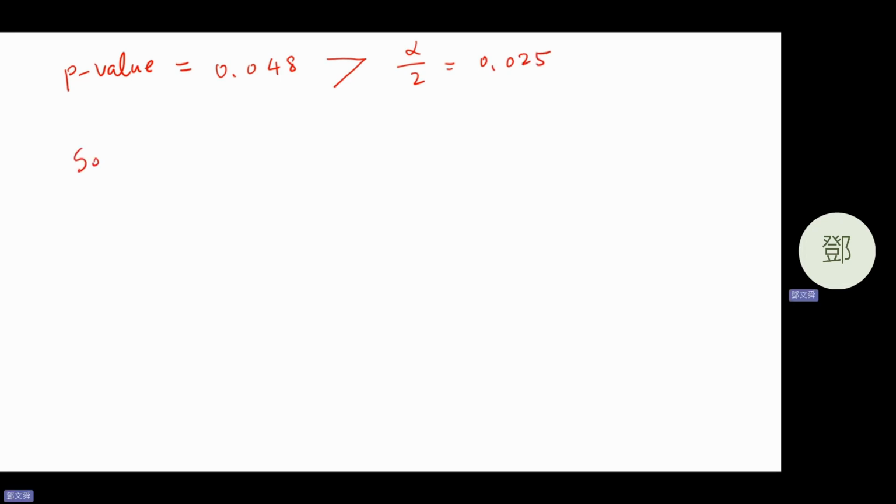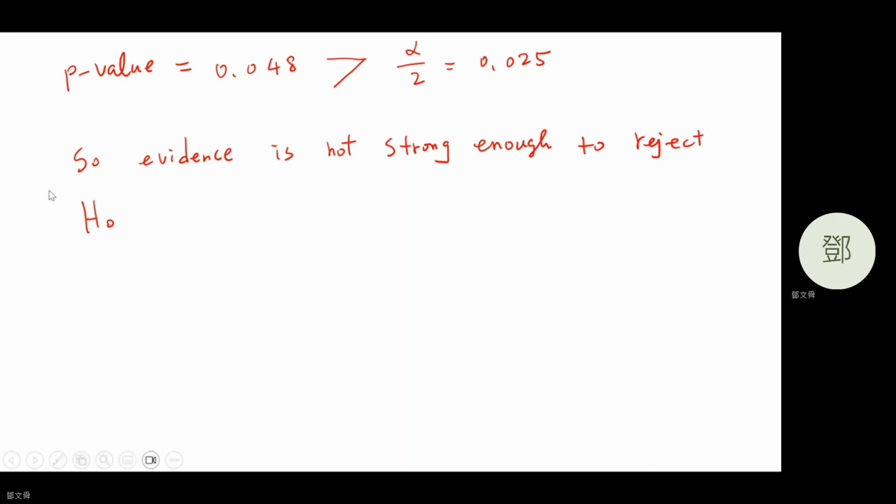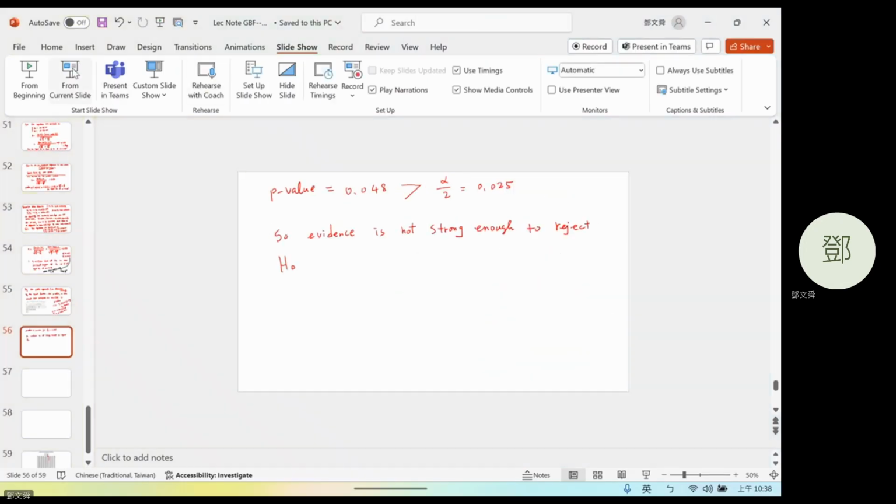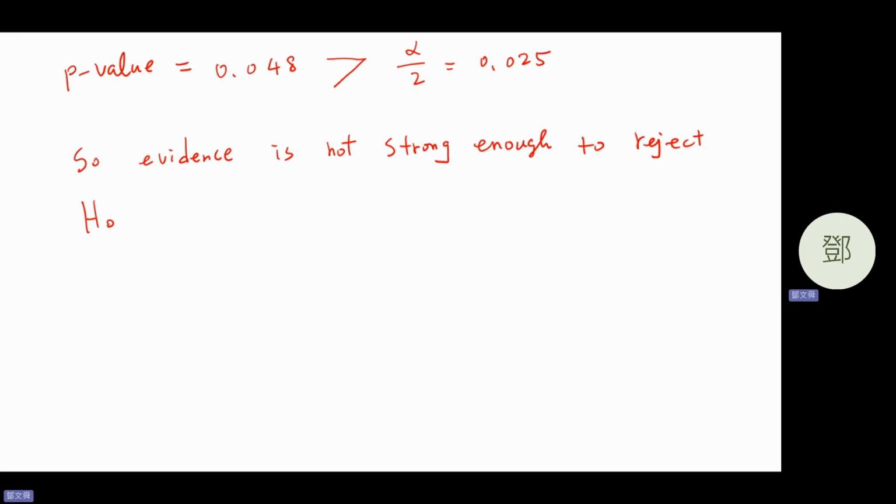So the evidence is not strong enough to reject the null hypothesis. Not strong enough. Got it?